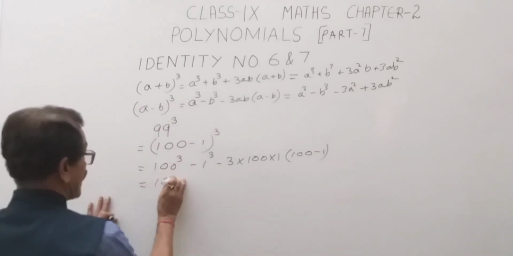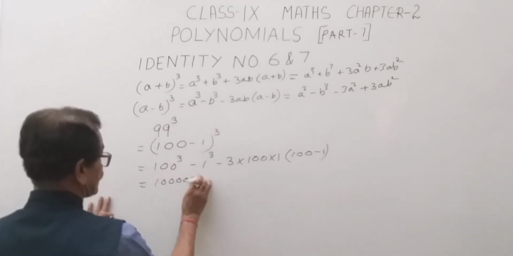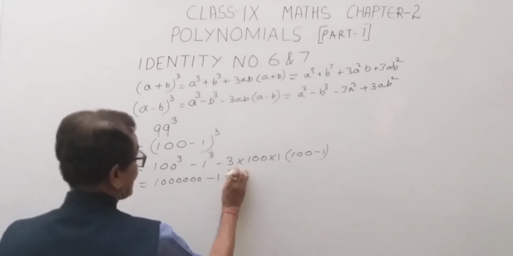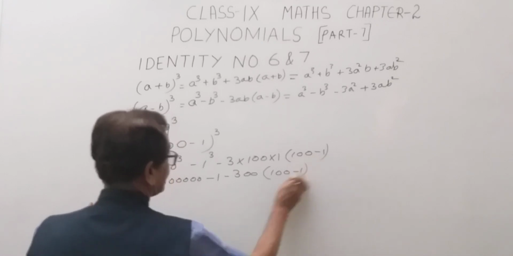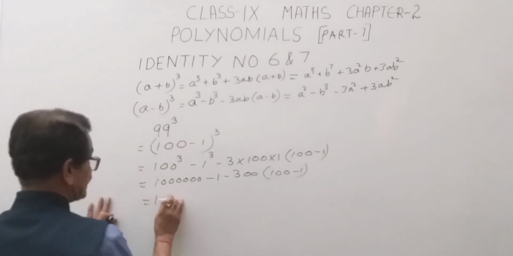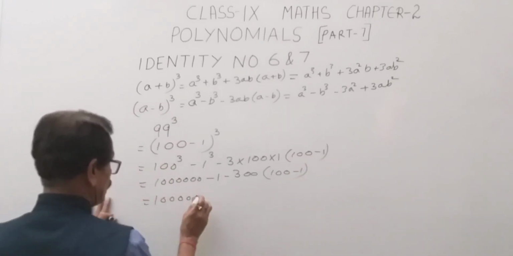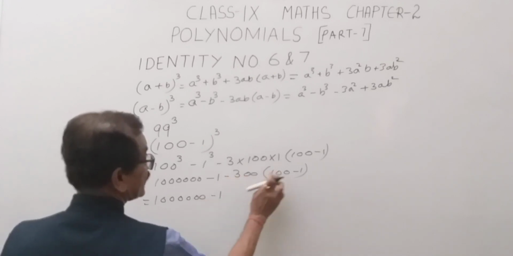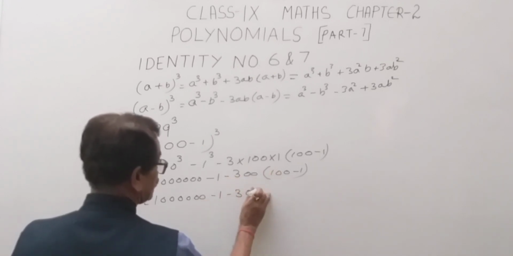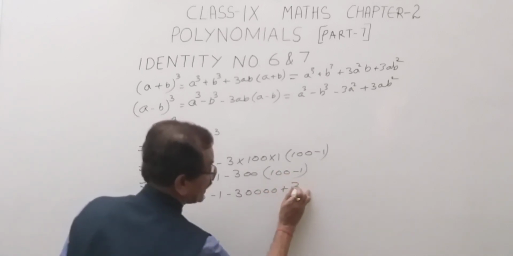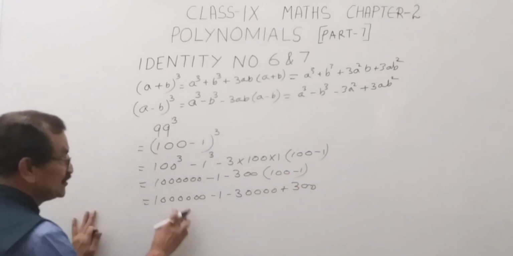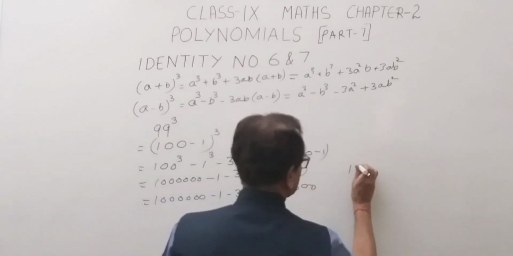100 cube is 1,000,000, minus 1, minus 300 into (100 minus 1). 1,000,000 minus 1, 300 into 100 is minus 30,000, and minus into minus is plus 300. Now these two are positive terms, so I add them up.